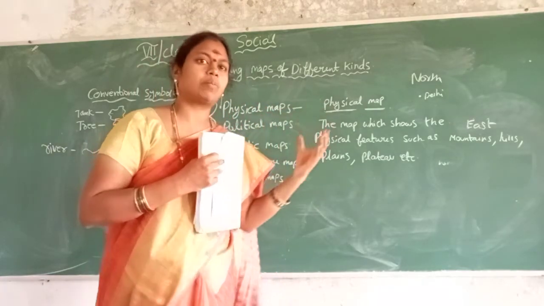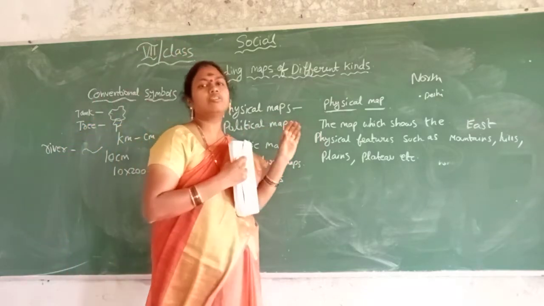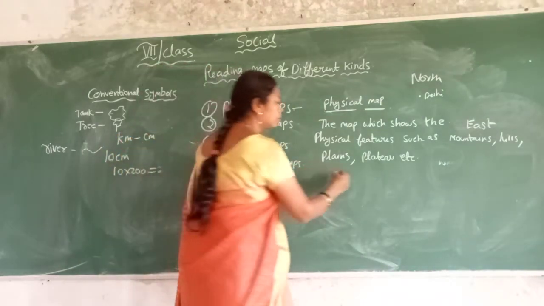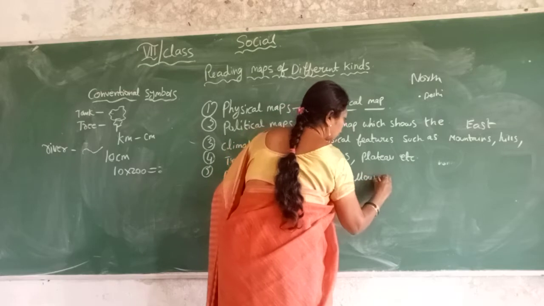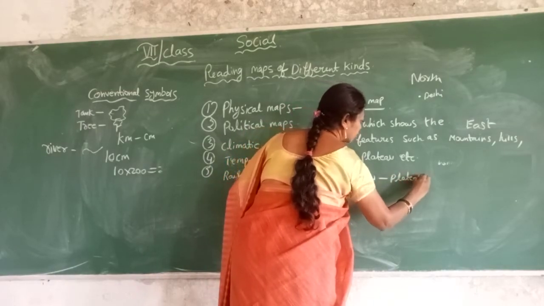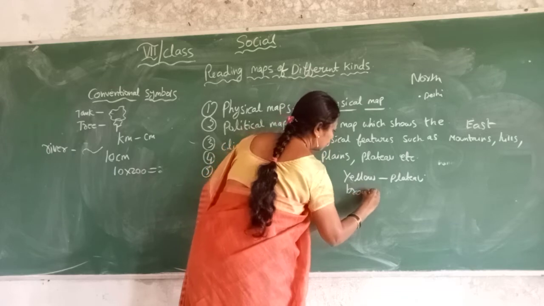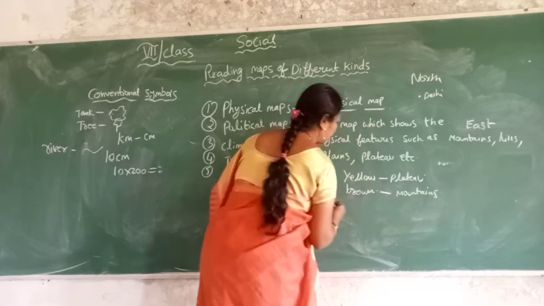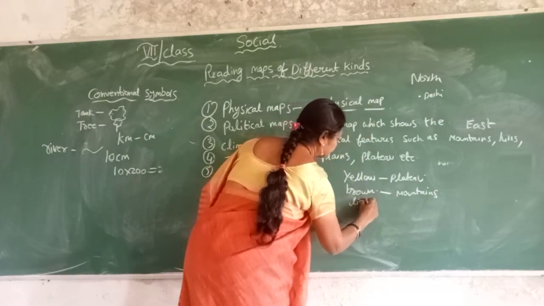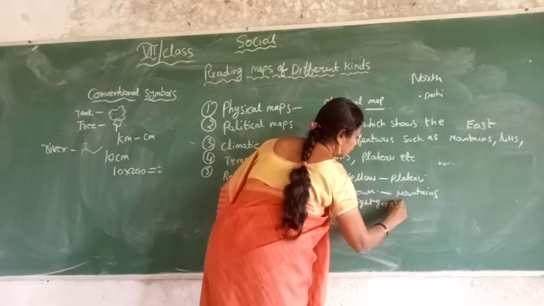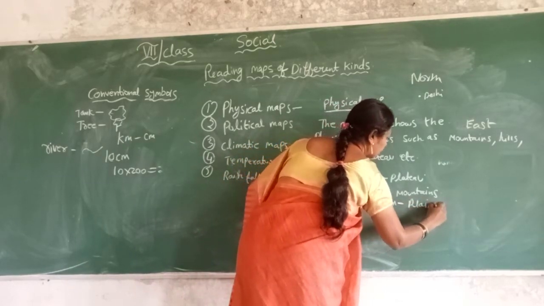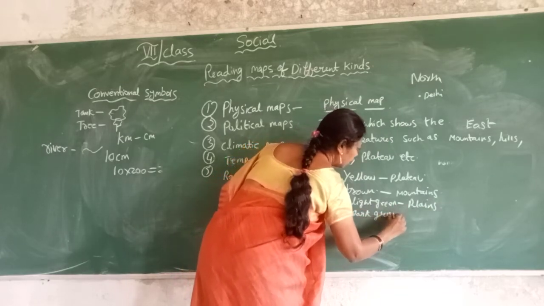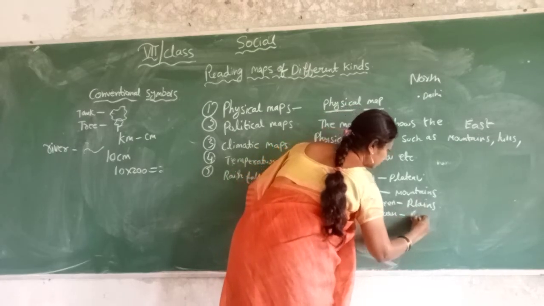When showing a physical map, we use different colors. What are the different colors? We will use yellow color for showing the plateaus, brown color for mountains, and light green for plains, and dark green for forest.